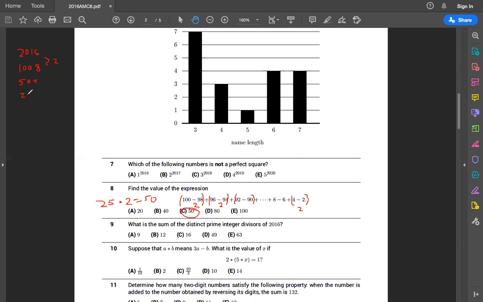504, 252. So each of these is a factor of 2. So that's a total of 5 2's, 2 to the 5th power. And then we're left with 63, which is 3 squared times 7, 9 times 7.